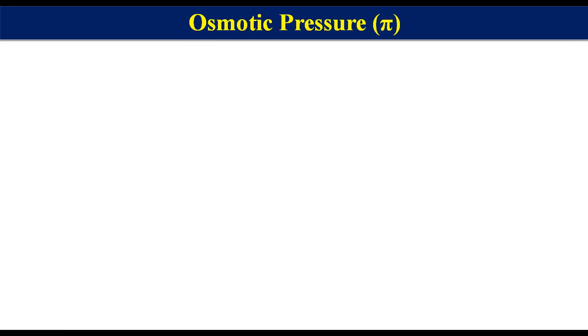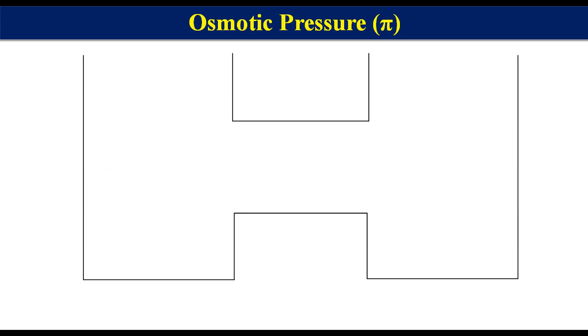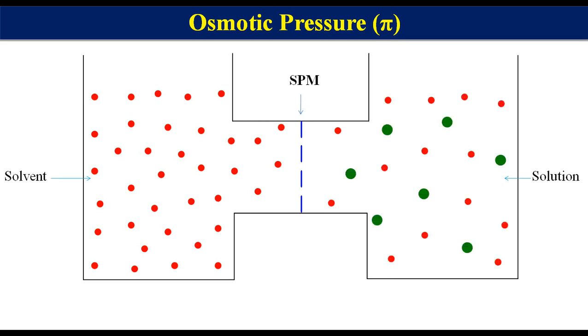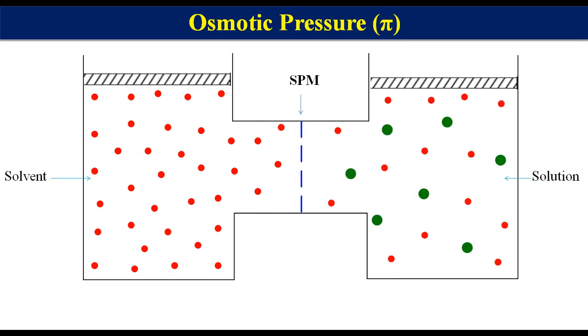Osmotic pressure. To understand osmotic pressure, let's have a container with two compartments separated by a semi-permeable membrane. Fill the left compartment with the solvent and the right compartment with the solution. Now, because of osmosis, solvent molecules will start entering the right compartment from the left compartment through the semi-permeable membrane.